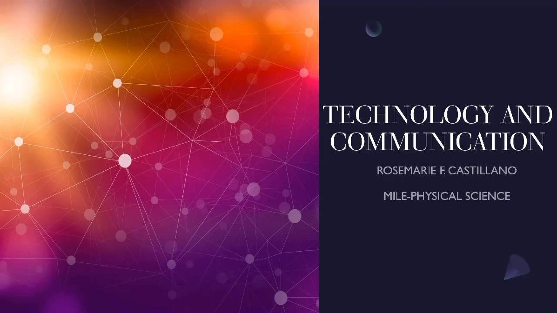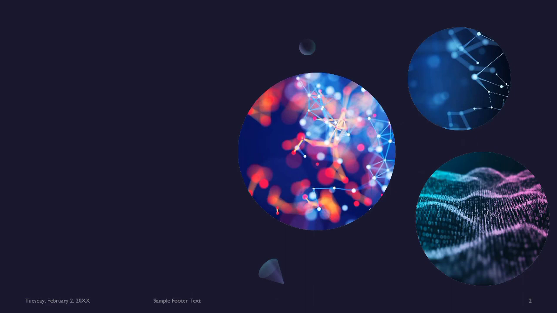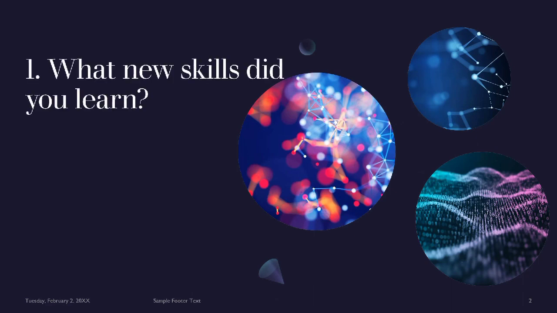For technology and communication, there are two questions being asked. First, what new skills did you learn? So in our group, we answered 3 skills that we have learned. First is effective remote communication.